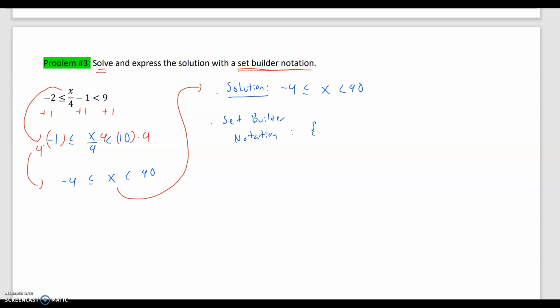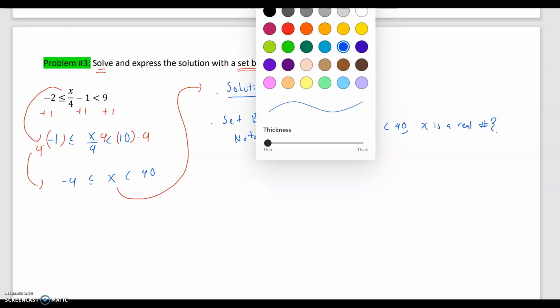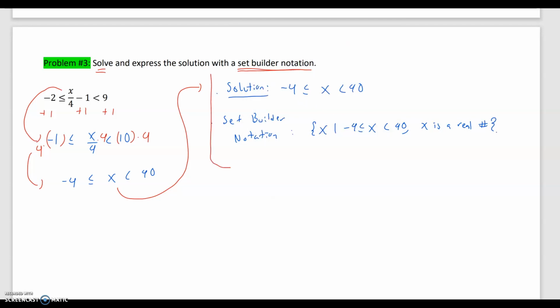It's going to be the set of x such that, well, we're only looking at x greater than -4. So we write it as -4 less than or equal to x, and x is less than 40, and technically x is a real number. That's actually it for the solutions here.